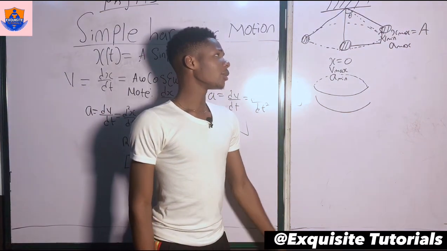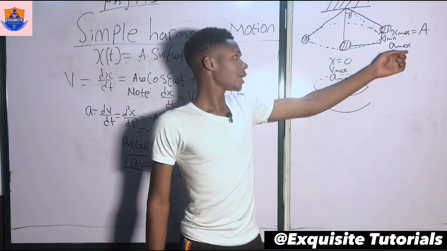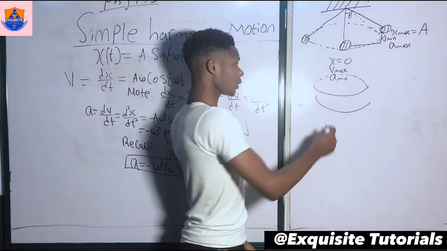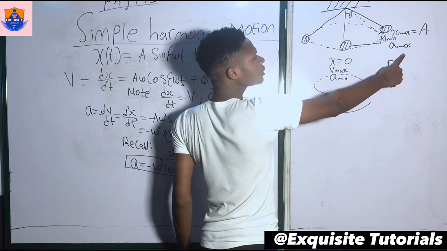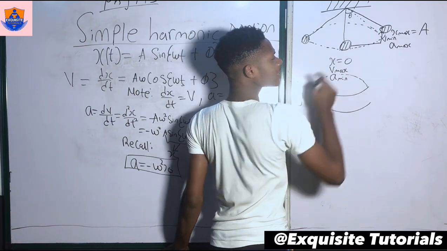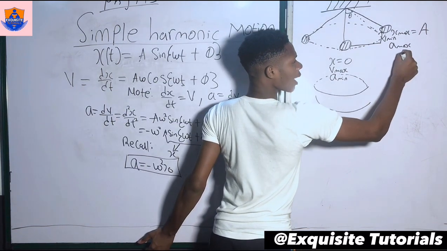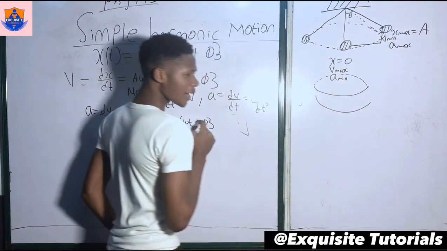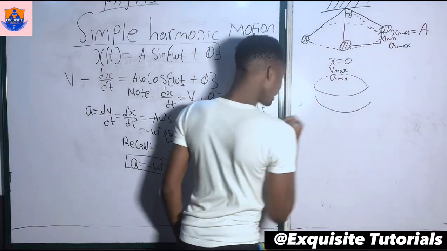Looking at this diagram, we know that the acceleration is maximum at the extreme, like we said. Acceleration is maximum at the extreme and minimum at the center. Maximum acceleration is obtained at the point where displacement is maximum, and when displacement is maximum, we get the amplitude.